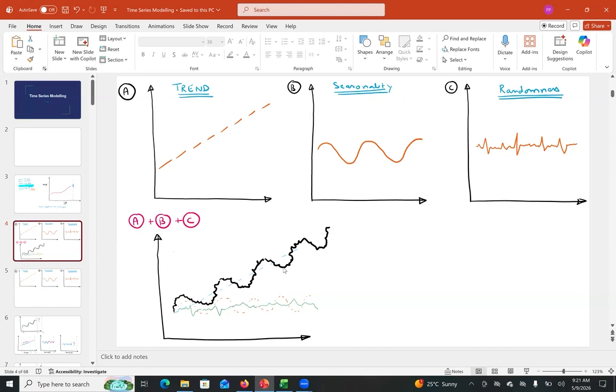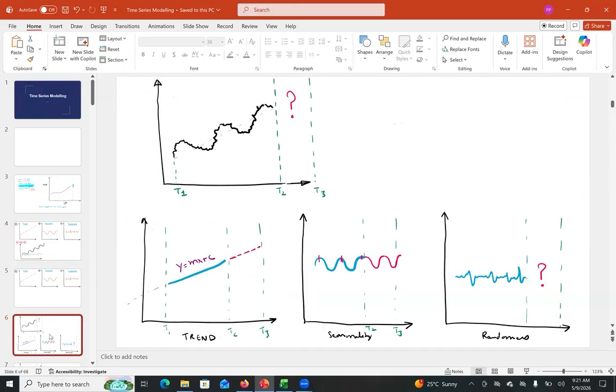Right? How knowing this is going to help us is, let's say, this. In any time series modeling, what we do is we have a time series and we want to predict what is going to happen next, right? That is what our prediction is.